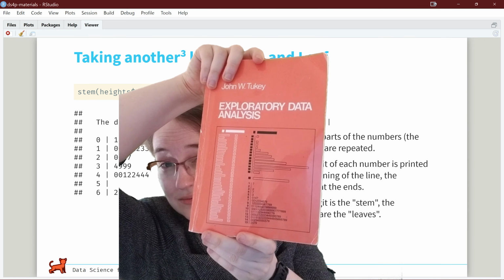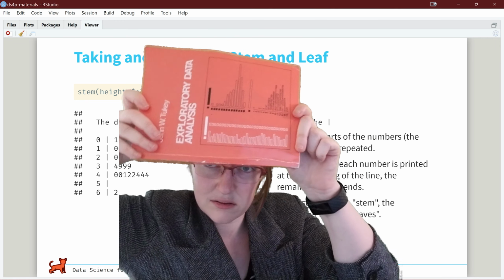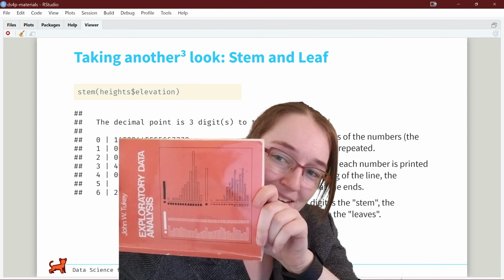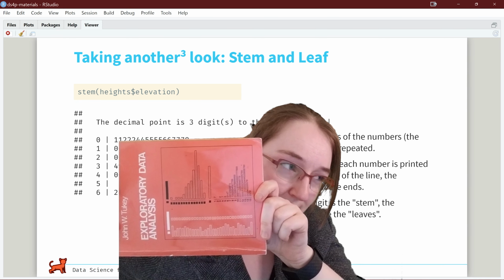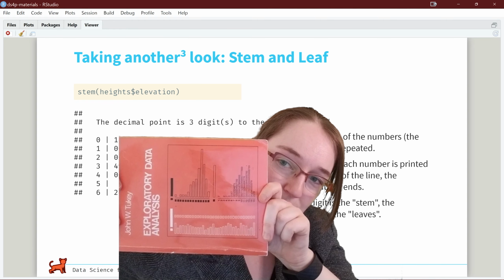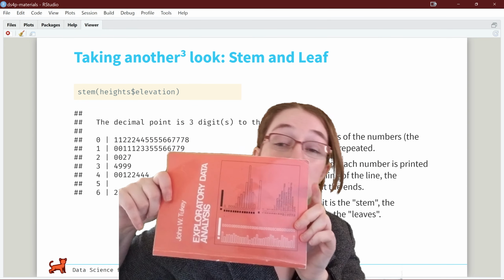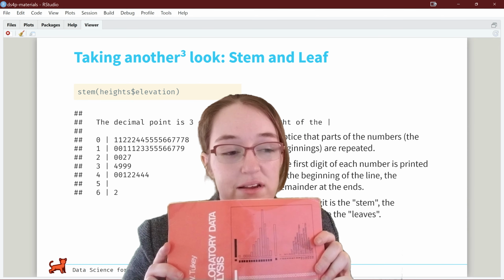Now, if you want to envision what this distribution would look like, ta-da! If you put it on its side, you can see the shape. And with some practice, you can mentally do it yourself, or you can do what I tend to do and literally move the paper.